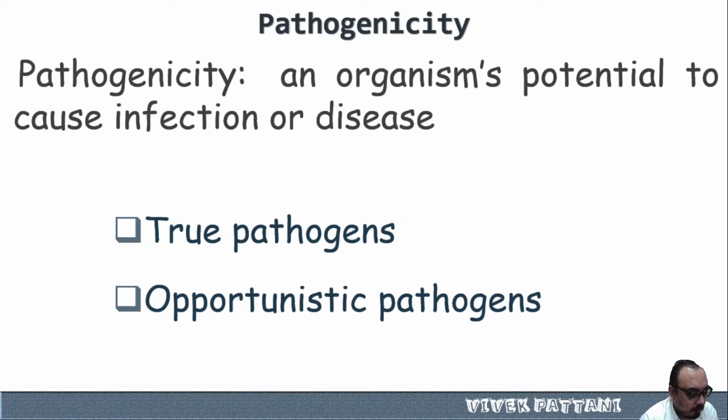So what is the difference, what are the characters, and how can we differentiate between them? There are various other points where pathogenicity can be further related, and it basically depends on virulence.